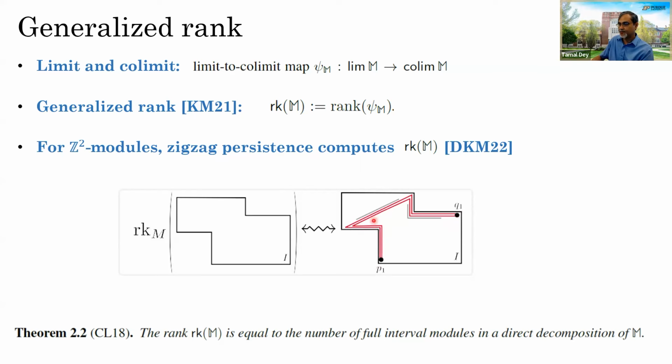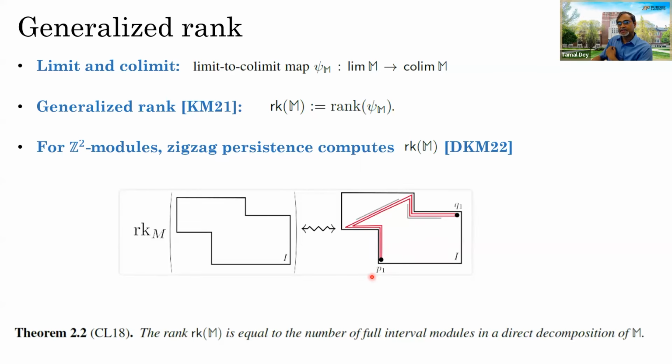The number of full intervals, the number of red intervals in this case, will be exactly equal to the generalized rank. And that gives a very efficient algorithm to compute generalized rank for a two-parameter persistent module.